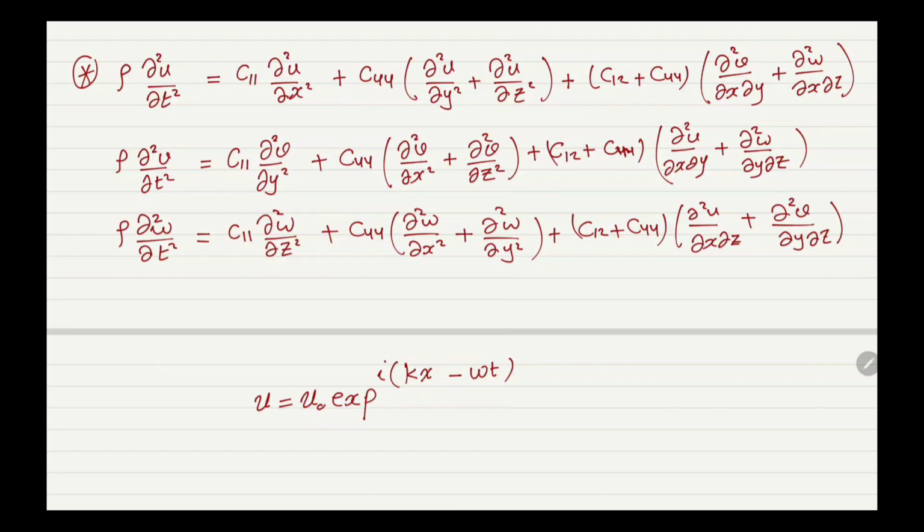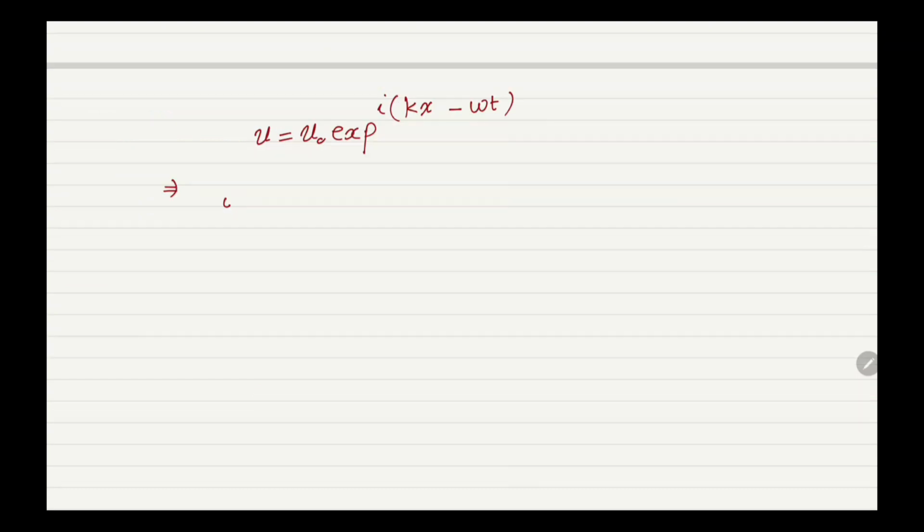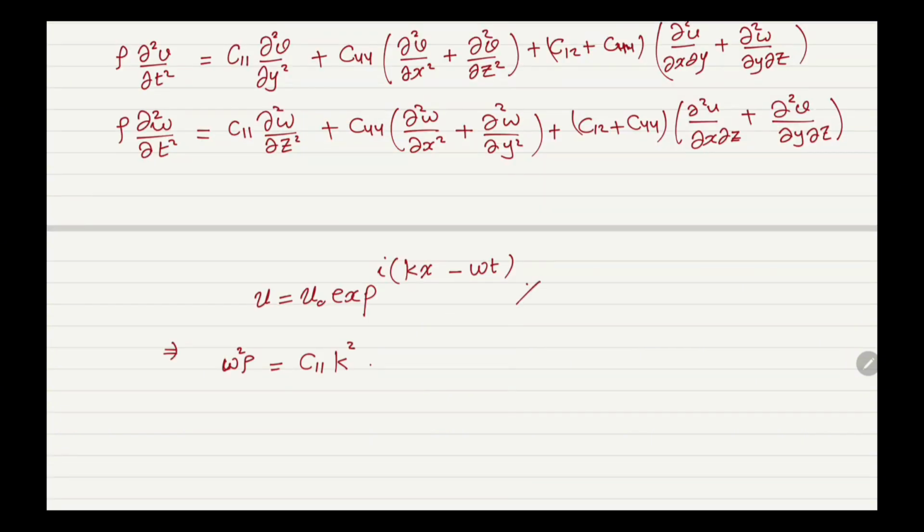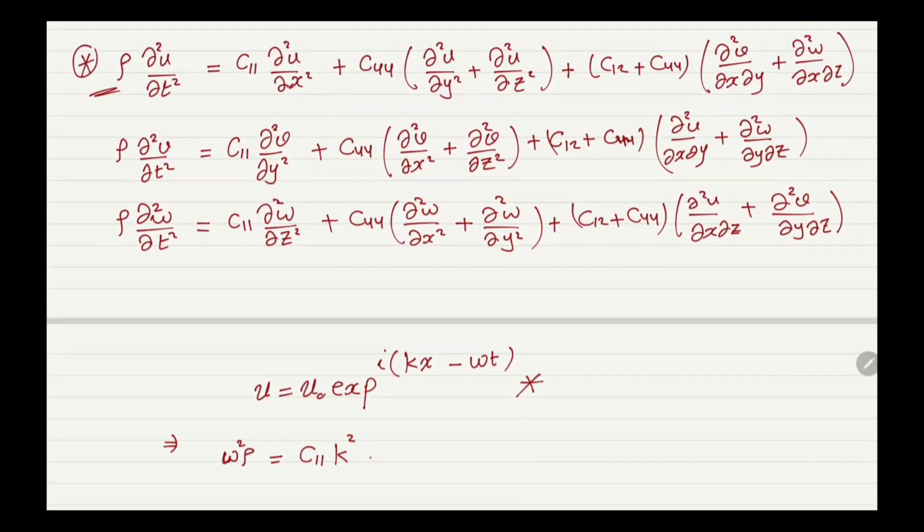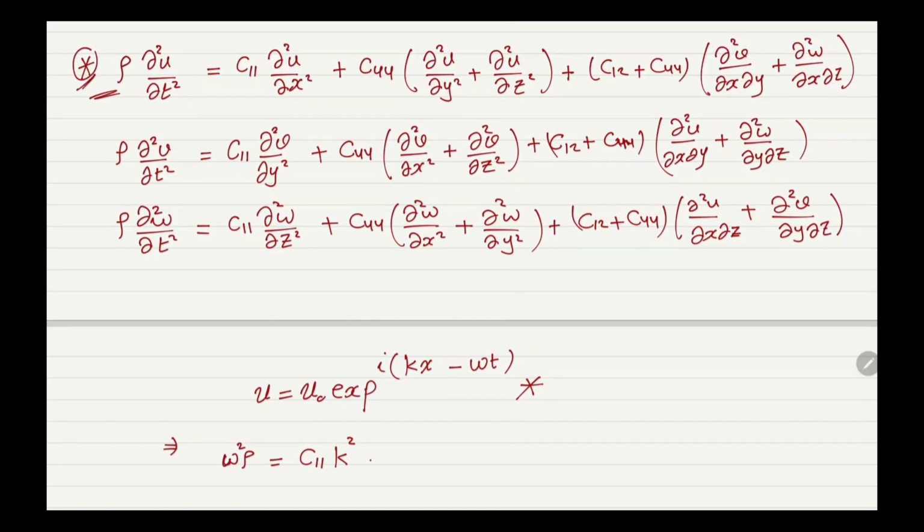What we need to do here is apply this equation back in this one right here, and you will find that omega square rho equal to c11 k square. We just apply this equation and this equation directly.